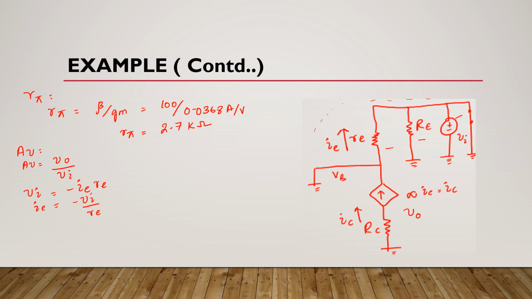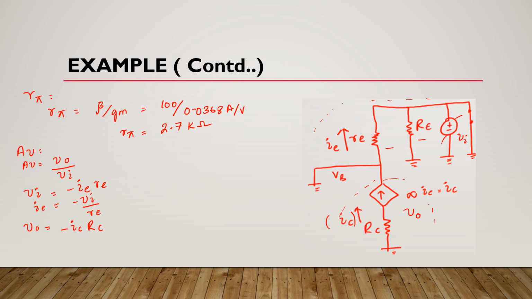Okay, now what about output voltage? Since output voltage is here in this terminal, it means here V0 is equal to minus IC RC. Again, this is represented by negative sign here because this direction is against these polarities. Okay.